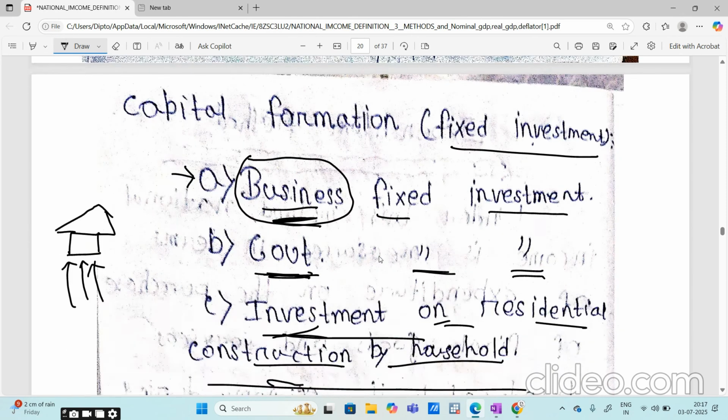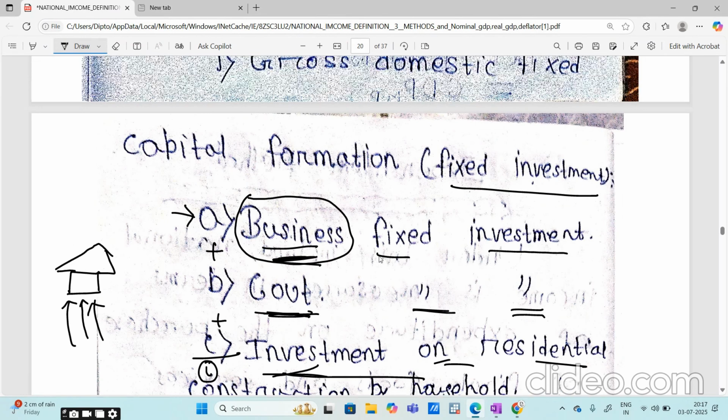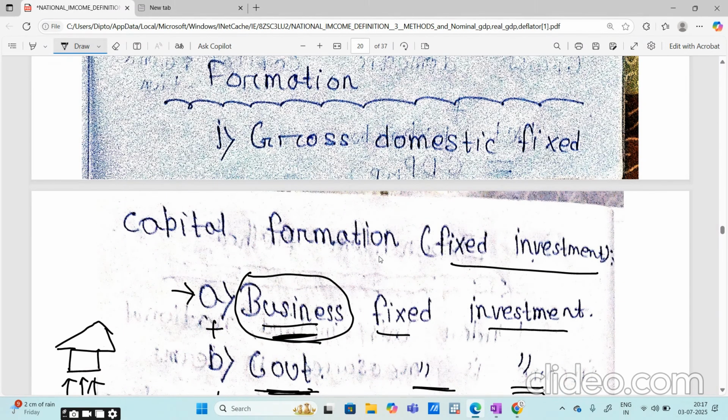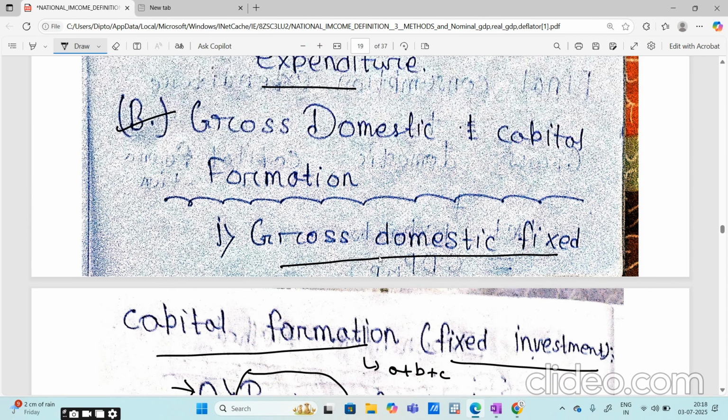So if I add this A plus B plus C, what will I get? I will get part 1. Part 1 is basically gross domestic fixed capital formation. How to get this? A plus B plus C. And how to get the entire gross domestic capital formation?